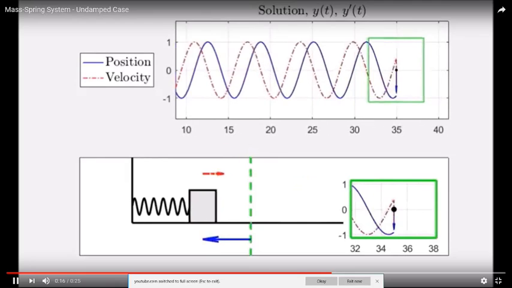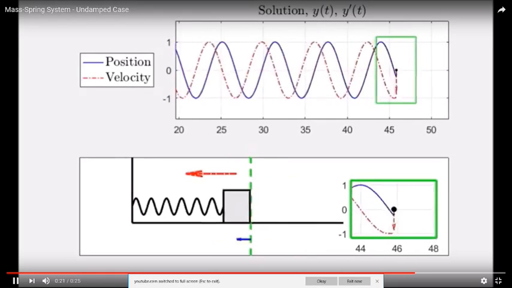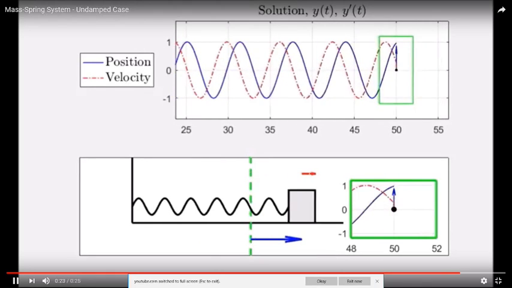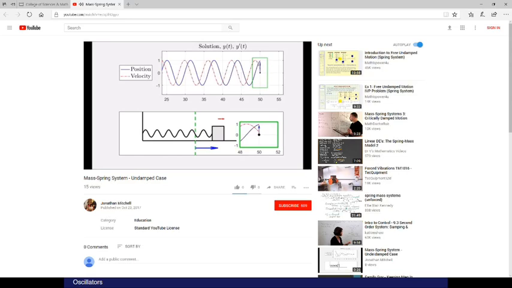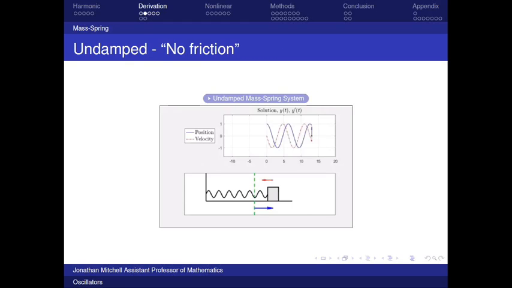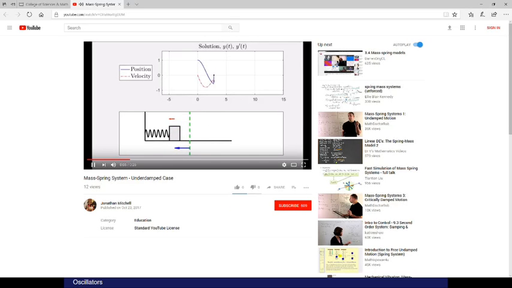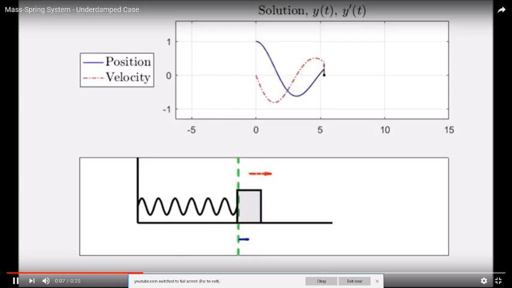In reality, there typically is some friction. So this isn't the realistic approach. This is sort of a mathematically ideal system, right? But the truth is, it's more likely this scenario where there's a little bit of friction and you'll see your mass spring system settle down.